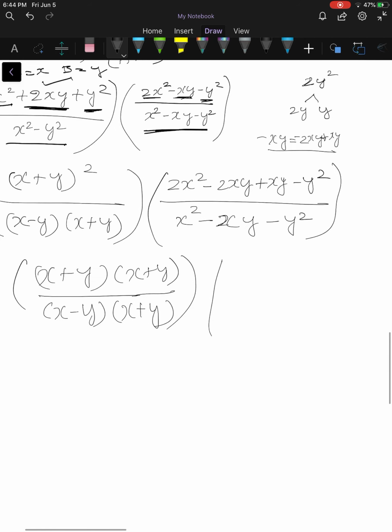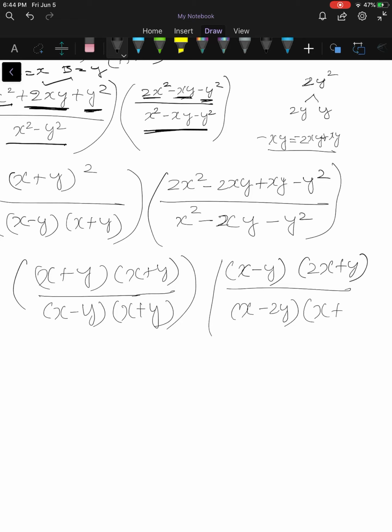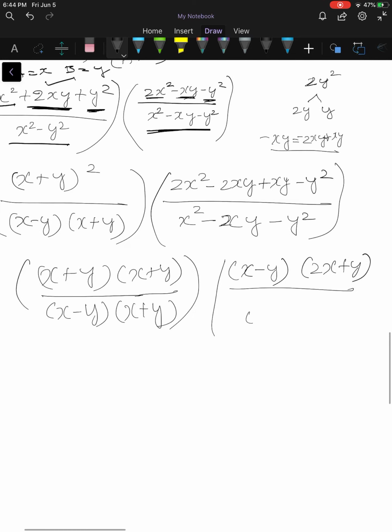And now the numerator here will reduce to x minus y times 2x plus y divided by x minus 2y times x plus y. You can check this by solving, and retain your denominator as it is. That would give me x square minus xy minus y square.